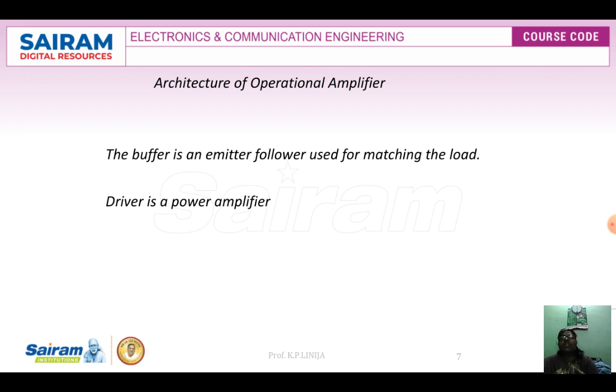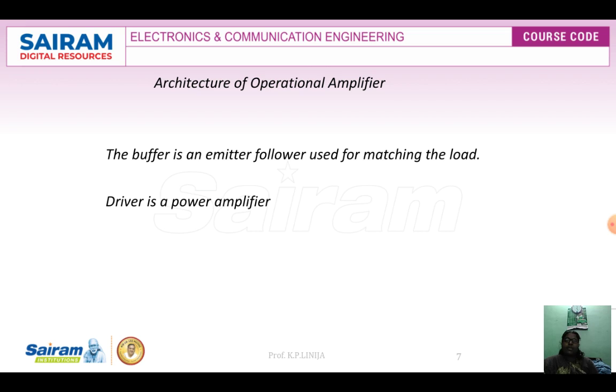Whenever the signal passes stage by stage, the output voltage will be shifted. So in order to make the DC shift to 0 at the output, we make use of the level shifter, for the purpose of bringing the DC level to 0 volt.